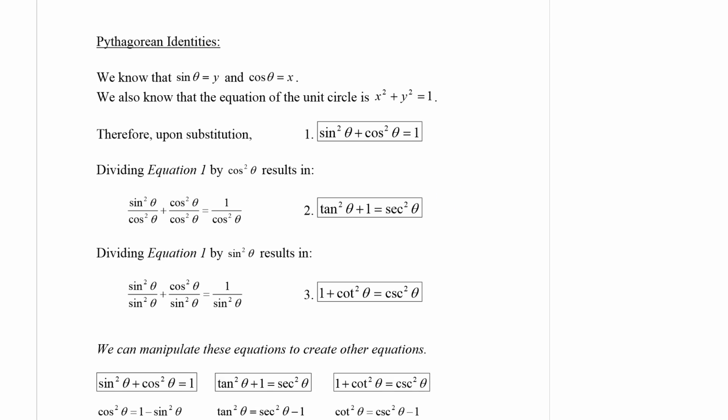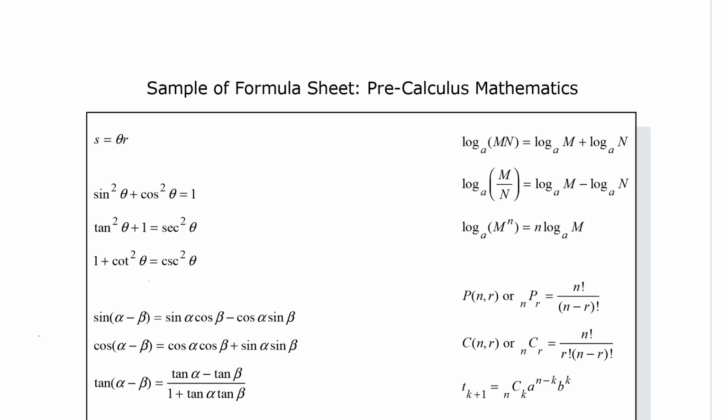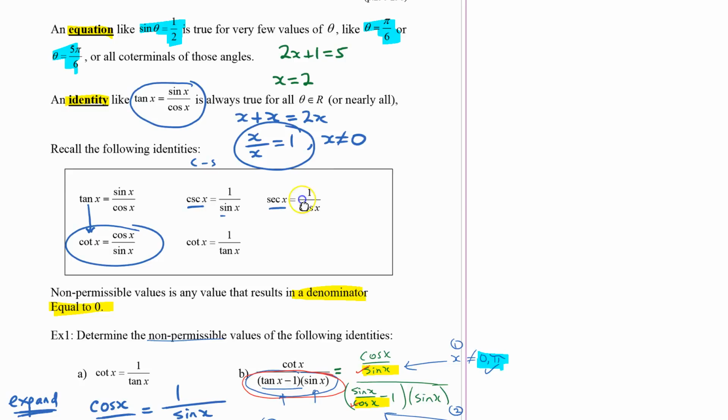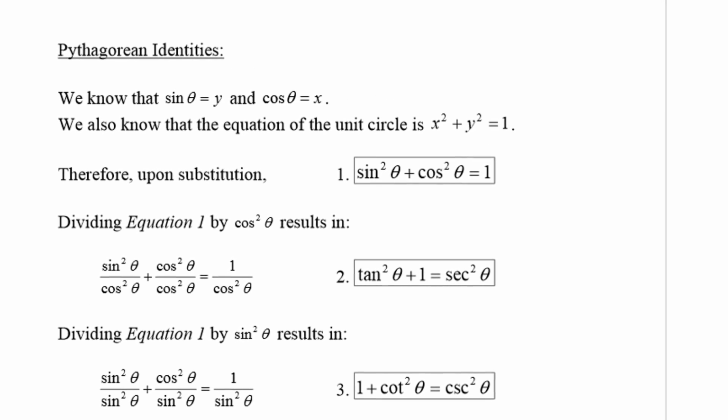We're going to show you on the top of this page where some of these formulas come from. So we're going to show you where these ones come from. So the first part is this, Pythagorean identities. So in the unit circle, here I'll just draw a circle.